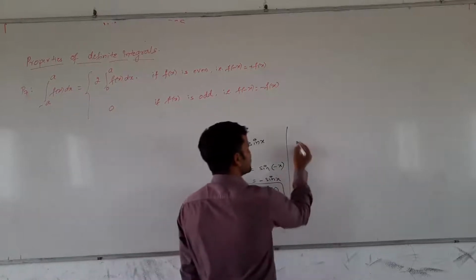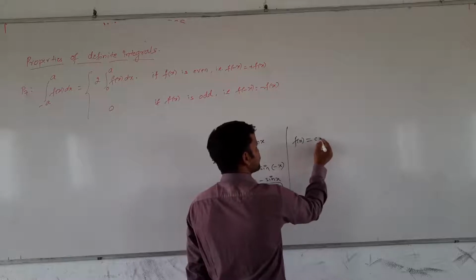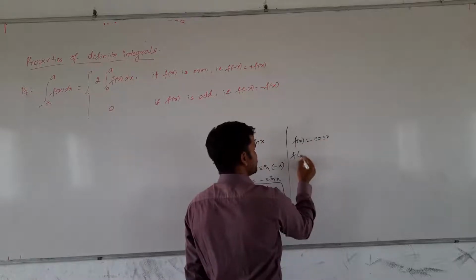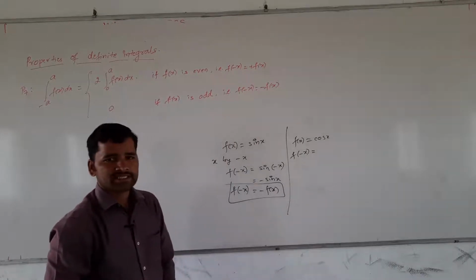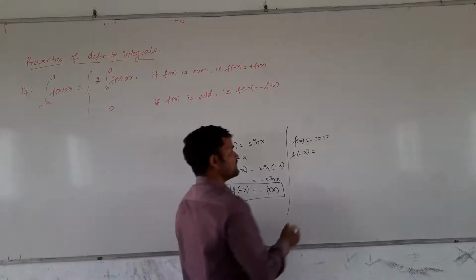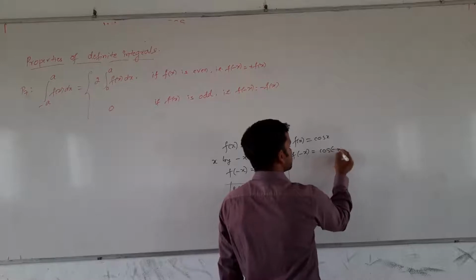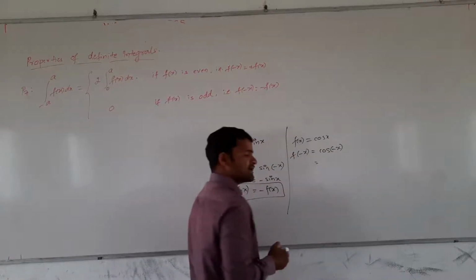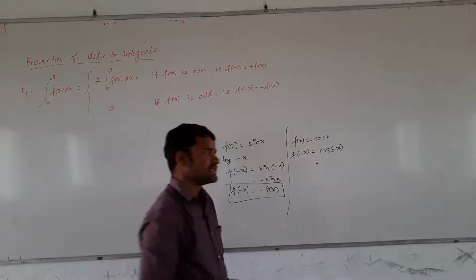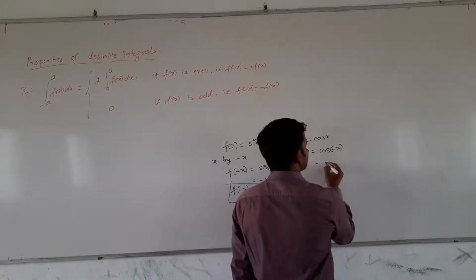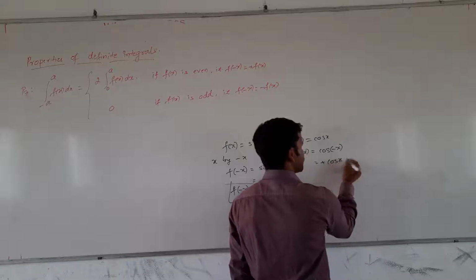In the same way, let me consider the function f of x equal to cos x. f of minus x, means changing x to minus x, we have f of minus x is equal to cos of minus x. We all know that cos of minus theta is plus cos theta. So cos of minus x is plus cos x.